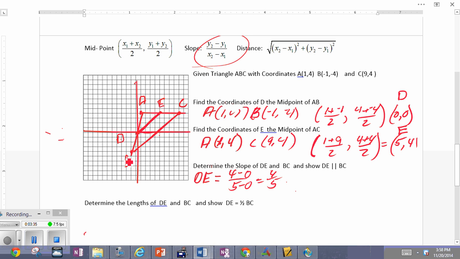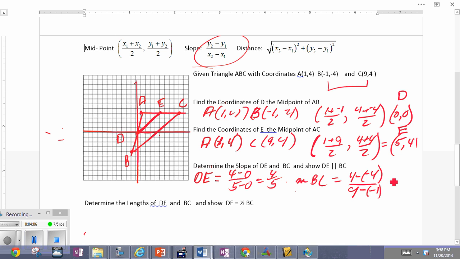Now what's the slope between B and C? The slope for BC, little m for slope, is going to be the y coordinates, 4 minus a -4, watch that sign, over 9 minus a -1.